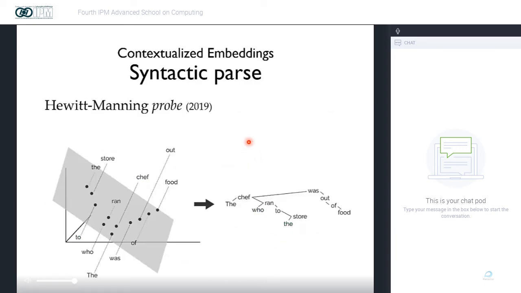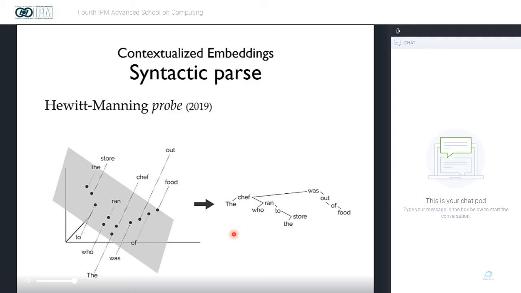And it is very interesting that in a paper last year, Hewitt and Manning found that using a simple transformation, it is possible to extract the syntactic parse tree of a sentence from BERT's representations. And this is very interesting because in the training objective of BERT, we did not have anything about the syntax or anything about the dependency parse tree of a sentence.